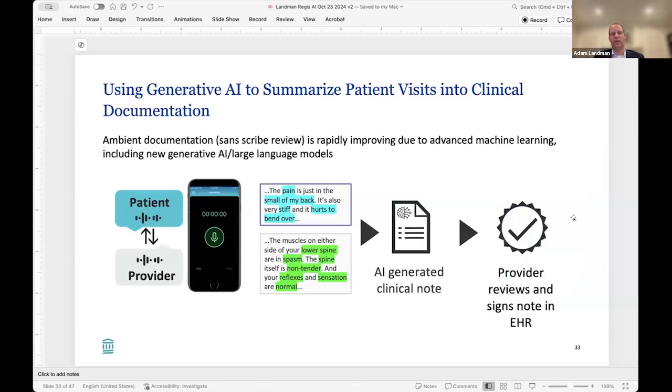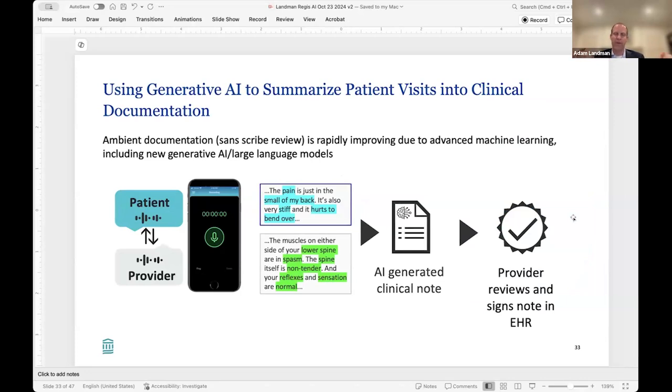What ambient documentation is, is using AI to securely listen to the conversation between the patient and the clinician and generate a draft note. The way it does this is there's specialized software running on a clinician's phone. They ask for the patient's permission to record the encounter securely.